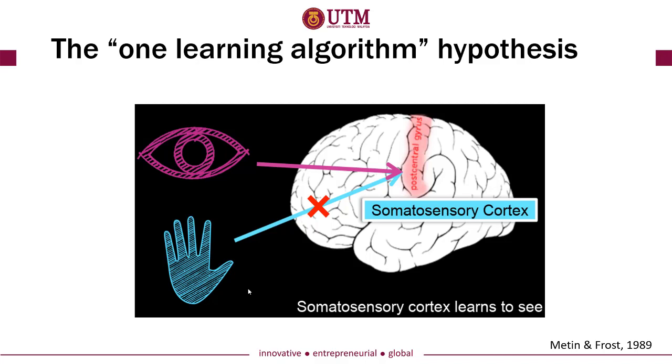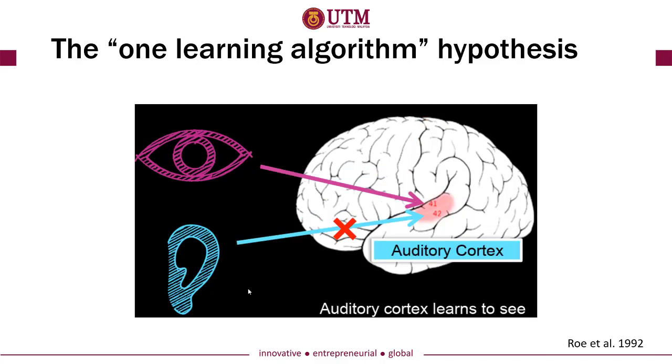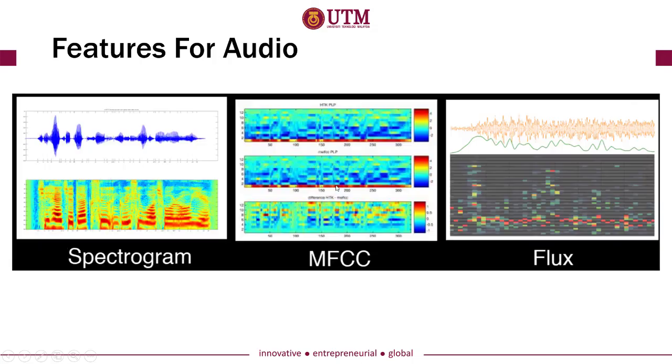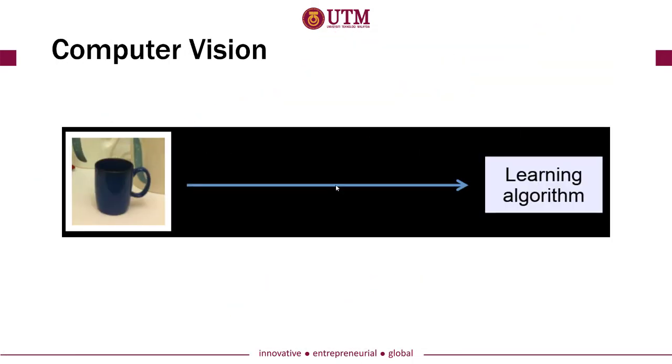Okay, so from here, this is where the idea came from that they developed deep learning, because as you can see, from the raw data of visual feed into the brain, your brain, the auditory cortex for example, learns to see, meaning that there is no medium like what we do before, which is this one.